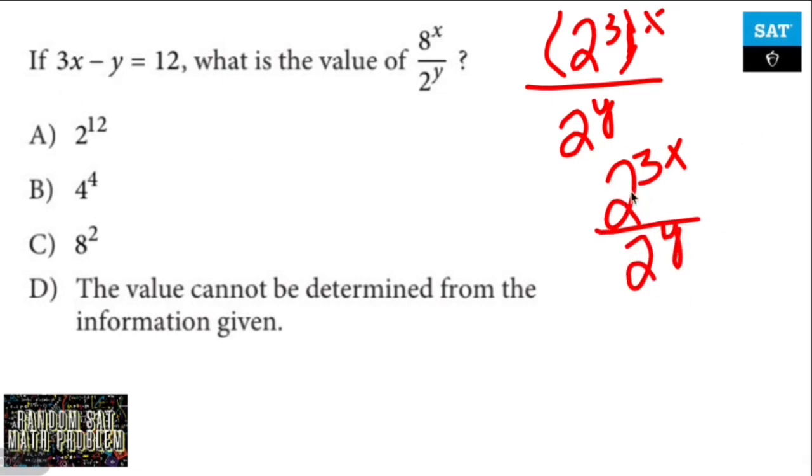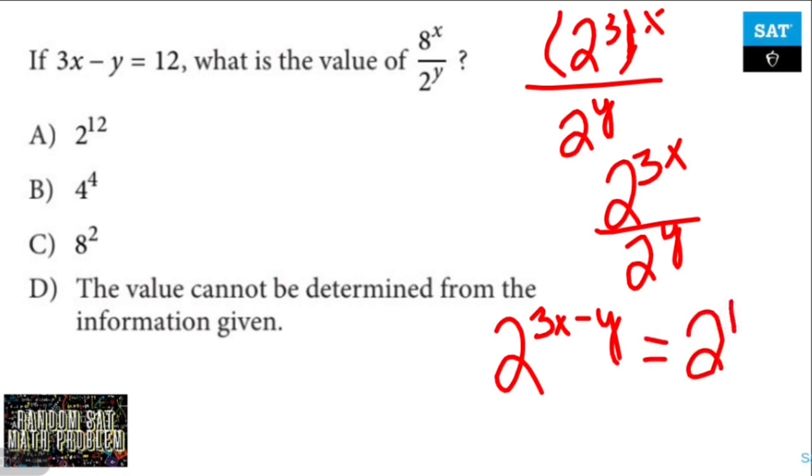Wait a minute. When I divide terms of the same base, subtract the exponents. So 2 to the stuff over 2 to the other stuff is 2 to the stuff minus other stuff. So I get 2 to the 3x minus y. Oh yeah, 3x minus y is the same as 12. So this becomes 2 to the 12th.